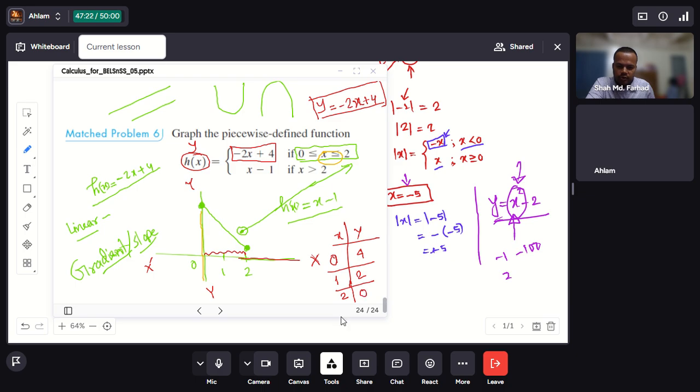Okay, that is 0. So the first point will be 0, 4, right? x is 0, y is 4. So this one is 4. This is the 0, 4 point. And then for 1, it is 2. So if we consider this one as 2, this is the 1, 2 point.